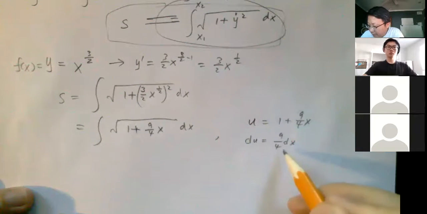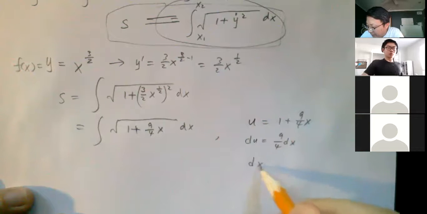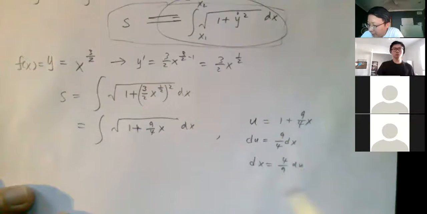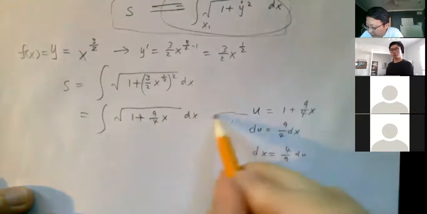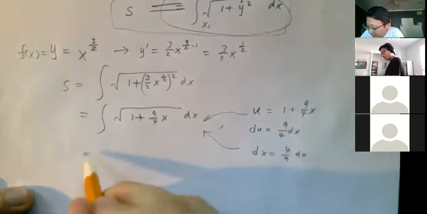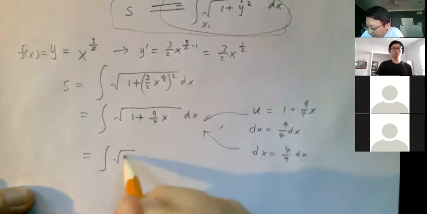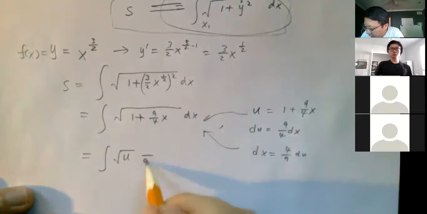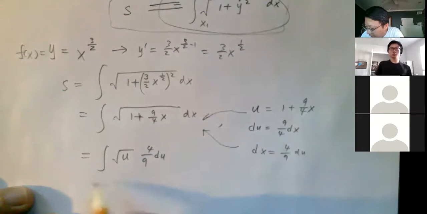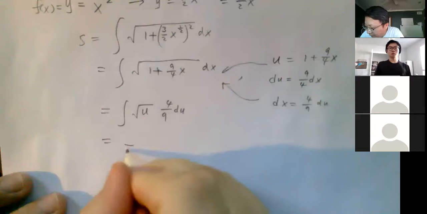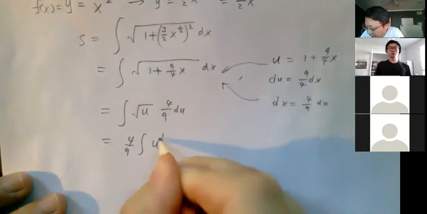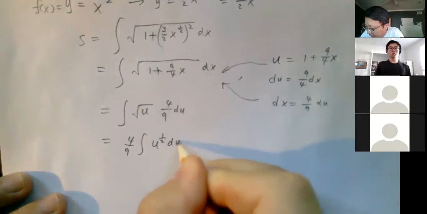So dx equals 4/9 du. Then you put this back, and this becomes the square root of u, where u is 1 plus 9/4 x and dx equals 4/9 du. So this becomes 4/9 u to the 1/2 du, correct?